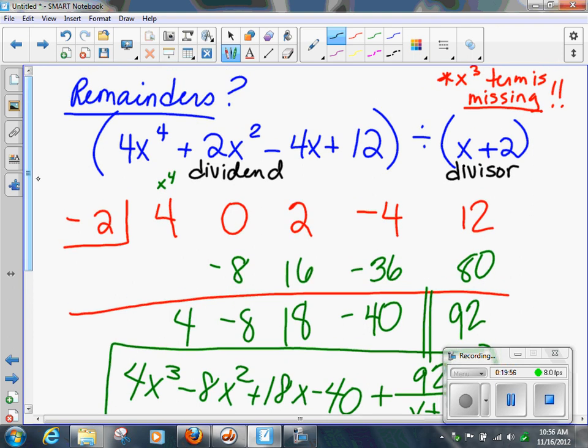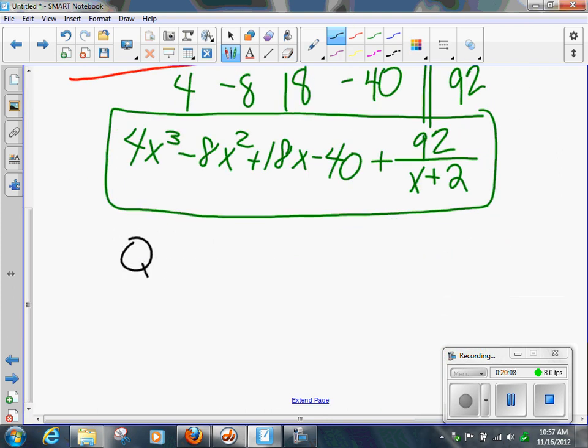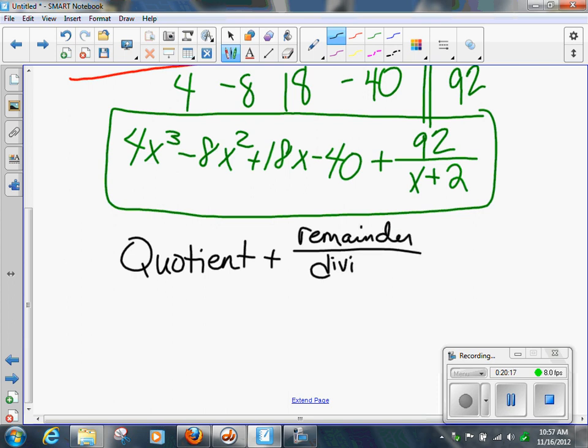You add the remainder. Let's do it this way. Let's take this to the bottom. We have the quotient plus our remainder over our divisor. That's how we deal with the remainder. Okay?